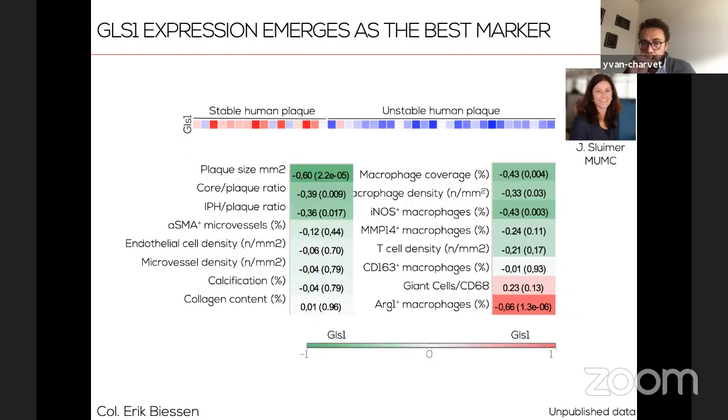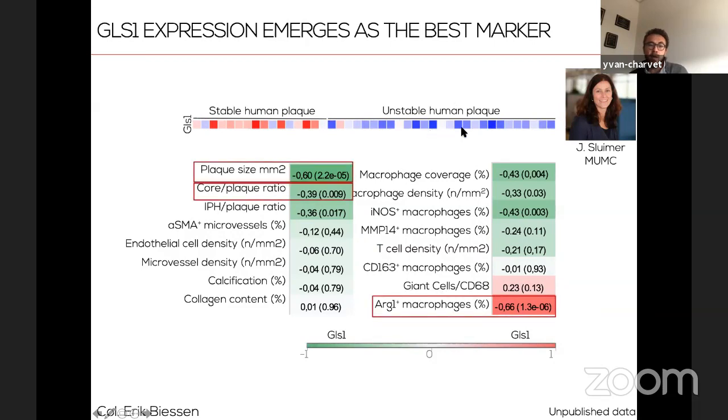We also decided to look at the relevance of this data in human. So we collaborated with Judith Slimmer and Eric Bisson, and basically we looked at the expression of GLS1 in stable human plaque versus unstable human plaque. You can clearly see that GLS1 is downregulated in this unstable plaque.